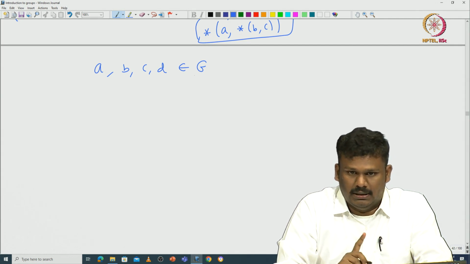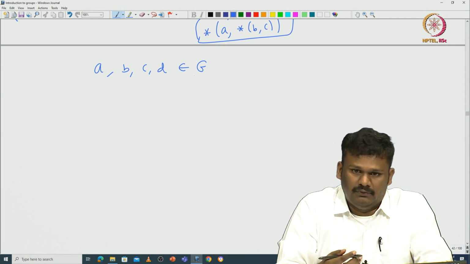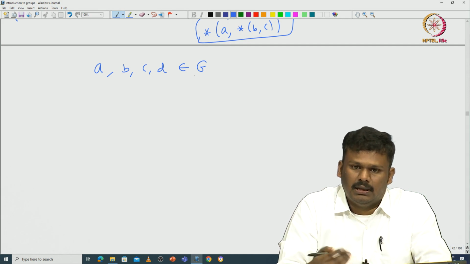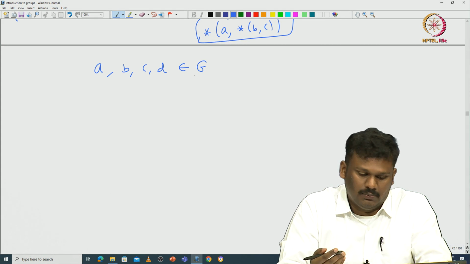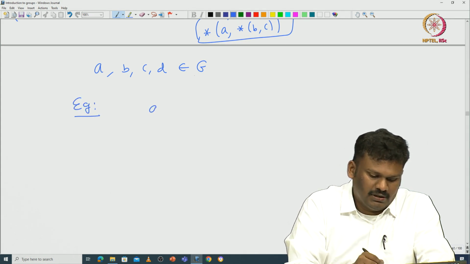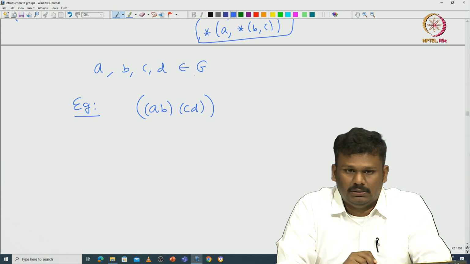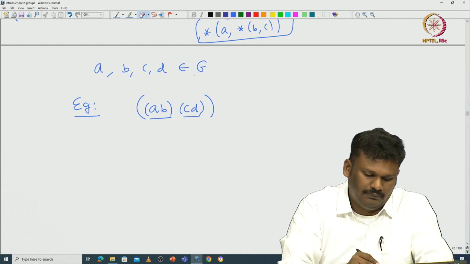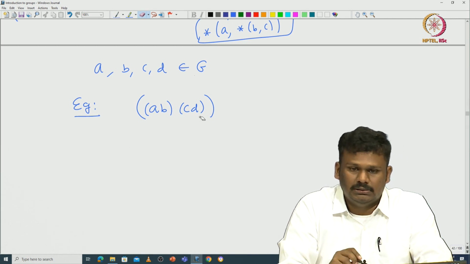So the order, the A, B, C, D, remains the same, but the way you perform it, the brackets you can adjust, and there are many ways you can take the product. For example, I can first multiply AB and then multiply CD, and then take the product between them. That is an allowed thing.